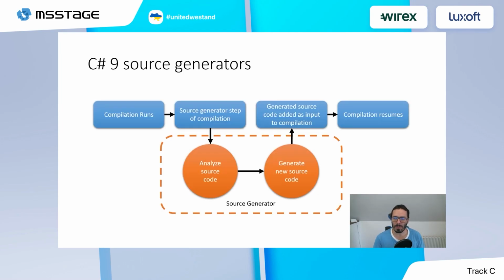If you look at the picture, how it actually works, we can see that from the left, the compilation starts, and then we have a sidestep into the orange area where you analyze the source code some way, one way or the other, and then you generate a new source code. You don't have to. You can say, hey, there is nothing I can do, but most of the time, you generate source code, and it is included in this compilation run.